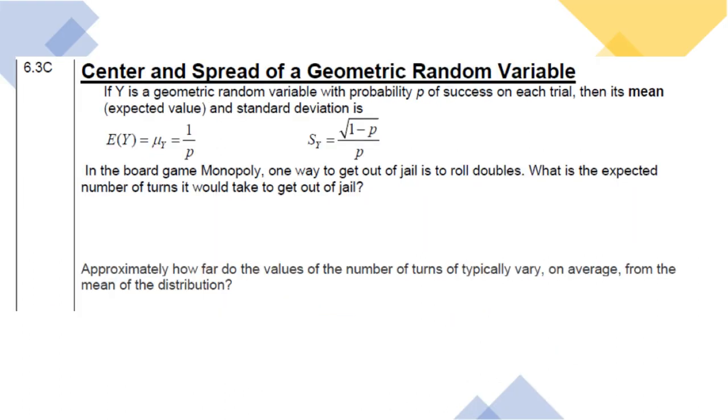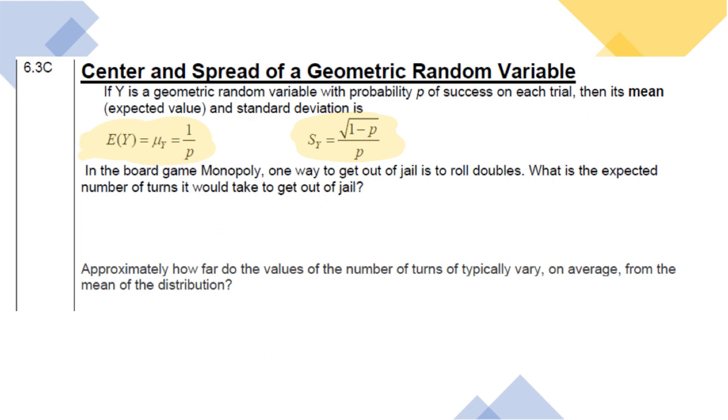Next, we have our center and spread, basically our mu and standard deviation. So, okay, here's the mean. All right, and here's our spread, essentially our standard deviation. What this is saying is that to find the expected value, the mu of our geometric random variable, you take the reciprocal of the probability, so 1 over p.